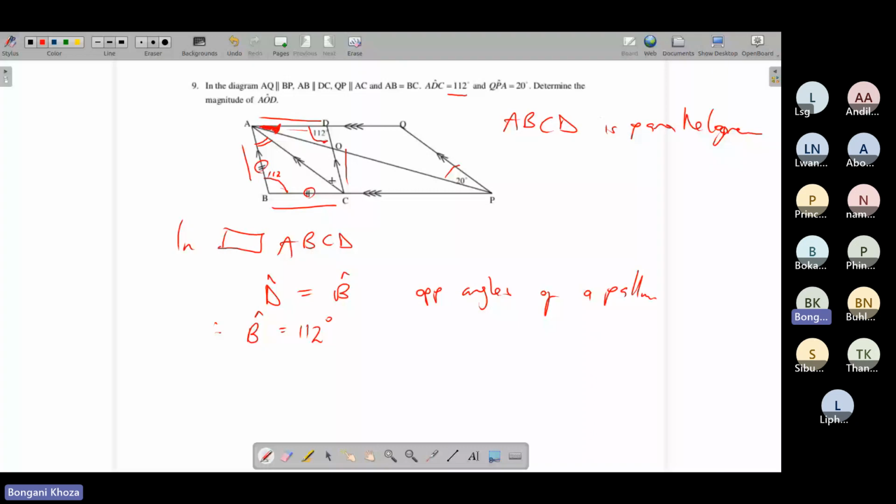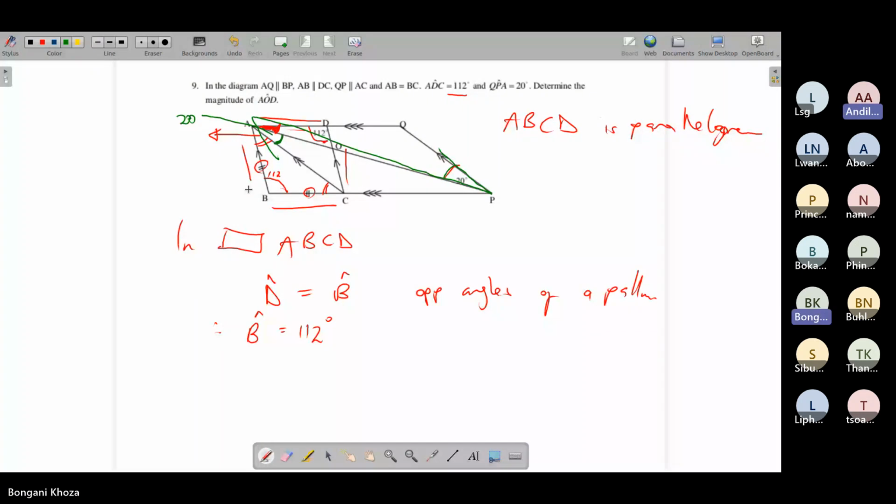That means I can find the value of this corner angle over here. Next, I'll check for this. Here I have a Z for this 20 and that angle over there, so I can say this one is 20 as well. We'll calculate it properly.